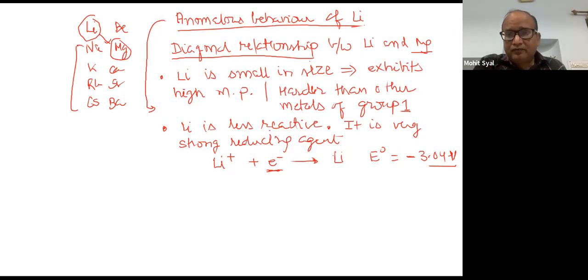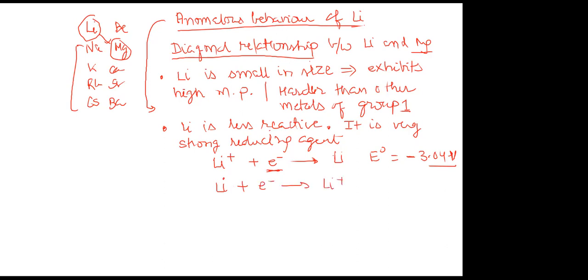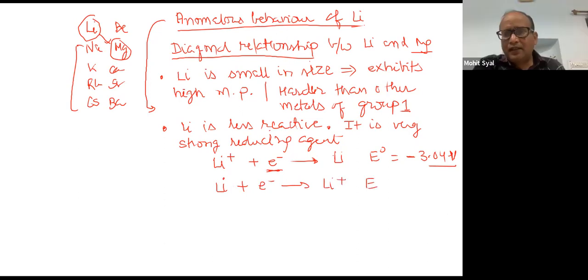So if I write the same thing in this manner, okay, is it clear, Fatima? If I try to write it this way, lithium gives lithium plus and an electron.